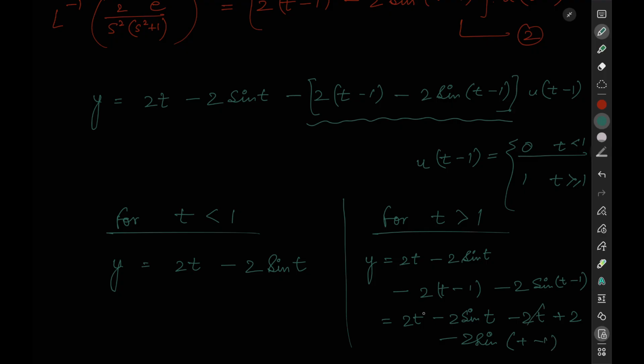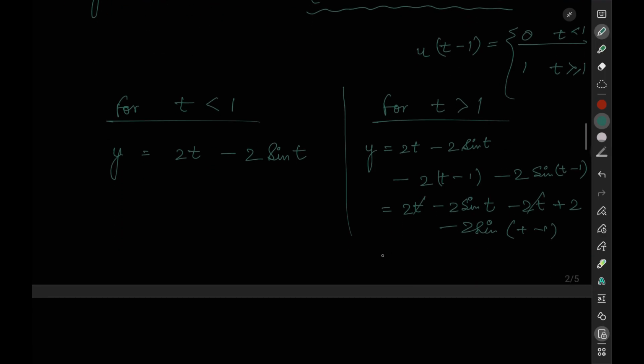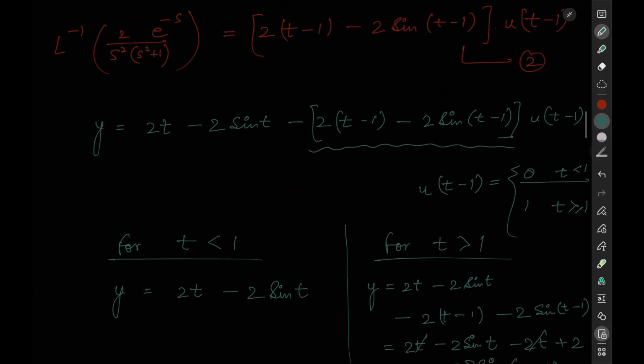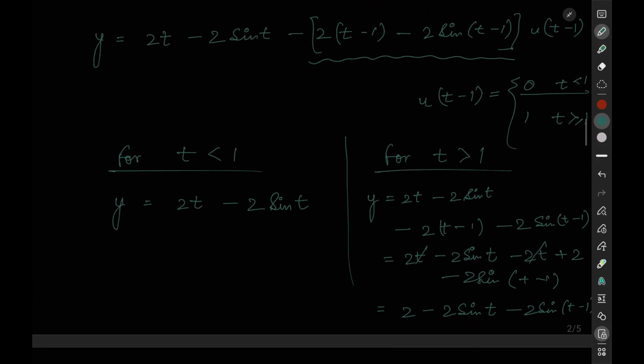The 2t cancel and it will become 2 minus 2 sine t minus 2 sine of t minus 1. This will be plus because minus minus will become plus. So here we will get plus.